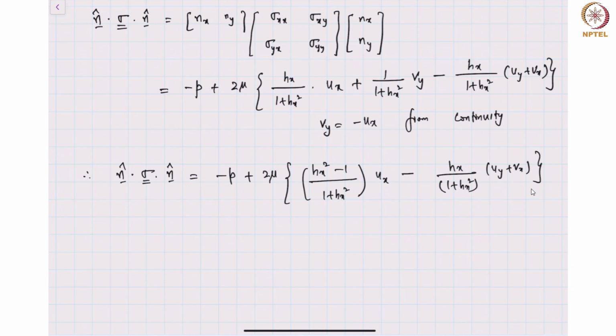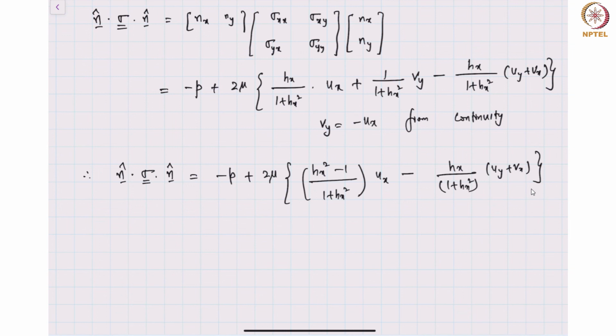So you should get something of this nature. This is basically my normal stress balance. One can similarly work out the tangential stress balance at an interface once you know the normal vector and the tangential vector.